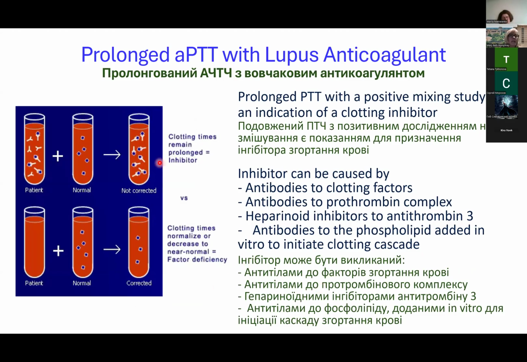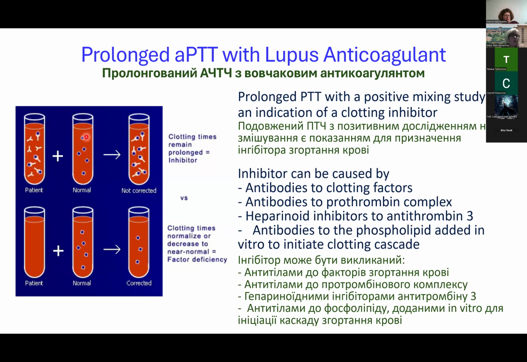So we have the patient's blood that has the abnormal antibodies in it. And the little blue things here are the phospholipids. Some of these antibodies are binding the phospholipids, and that's leading to the prolonged PTT.